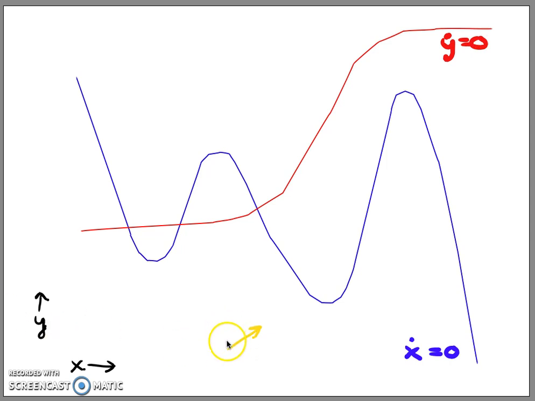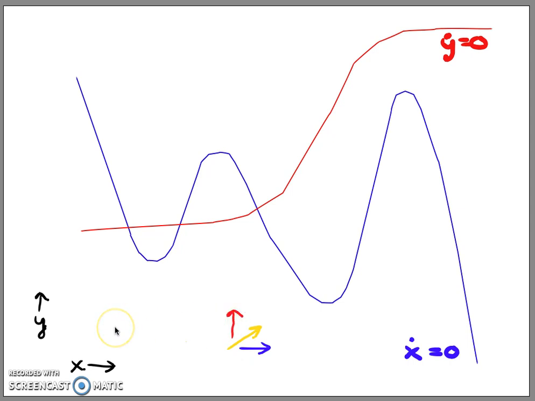So remember that this arrow pointing to the northeast really means two things. It means that the direction of flow for X is increasing, and it also means that the direction of flow for Y is increasing.